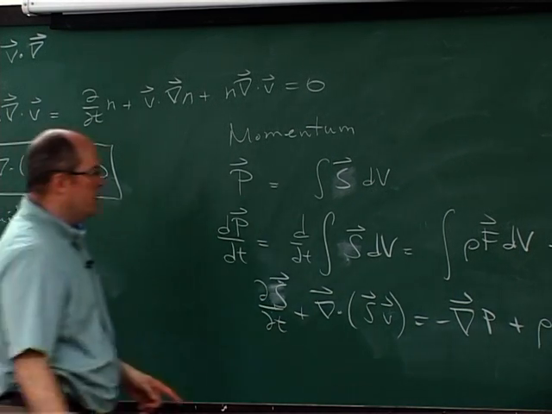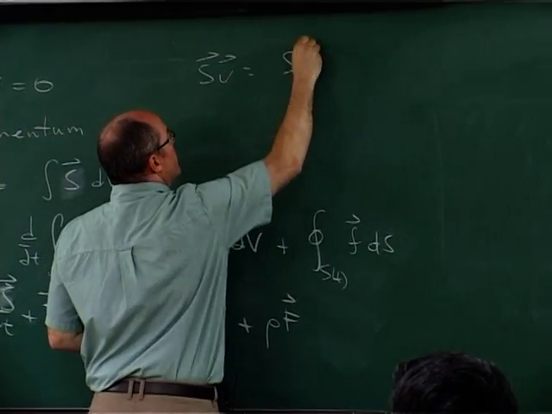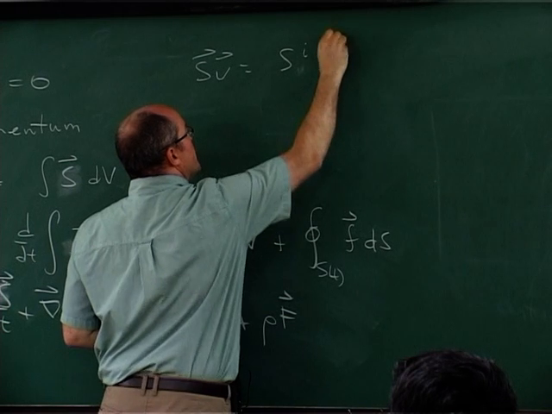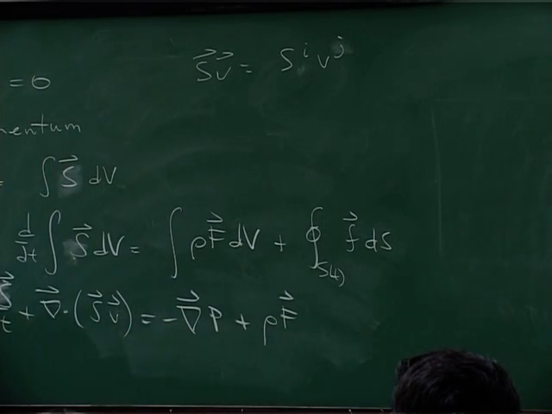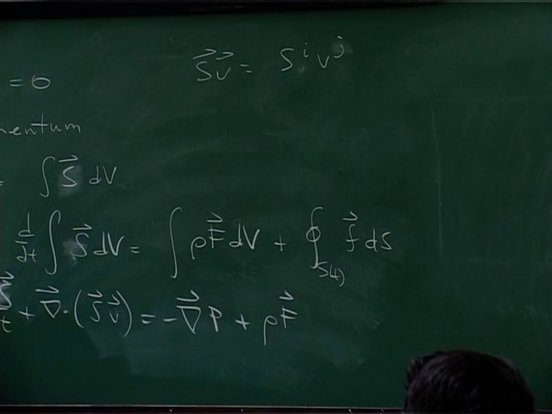So it's something in classical physics would be like that. It's a rank 2 object. Mm-hmm. S is the momentum density? S is the momentum density, yeah, and V is the velocity.